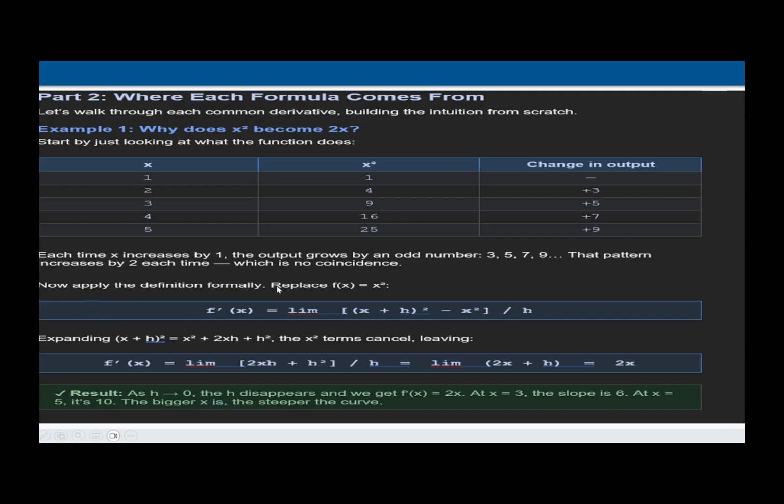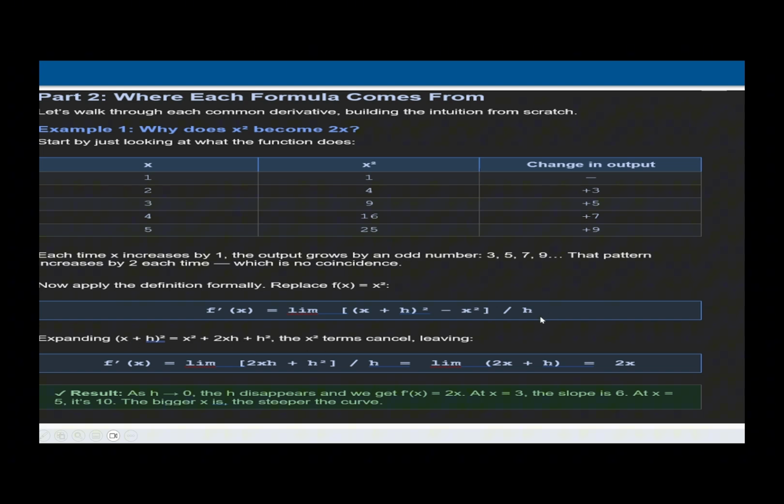Now apply the definition formula, replacing f of x with x squared. The derivative of f of x is the limit of x plus h, squared, minus x squared, divided by h, as h approaches zero, a tiny bit. We expand this.